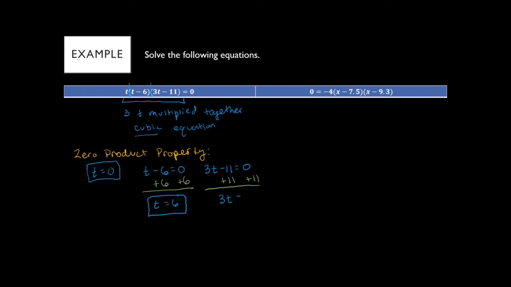This gives me 3t equals 11. Then I divide both sides by 3. And I get a fraction, 11 over 3. So that is our third solution here. So we have 3 t's. It's a cubic, which would mean an exponent of 3. We have 3 solutions. So even though it's not quadratic, we could still use the zero product property to get a solution.